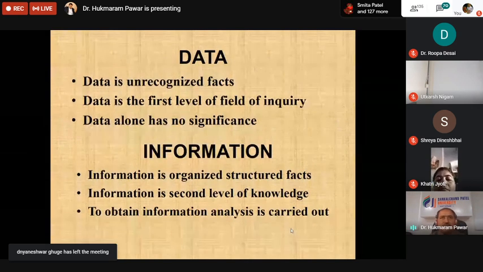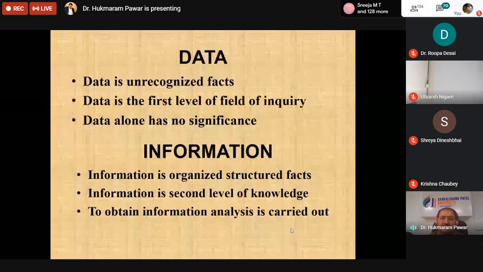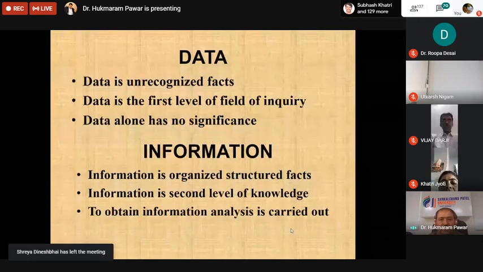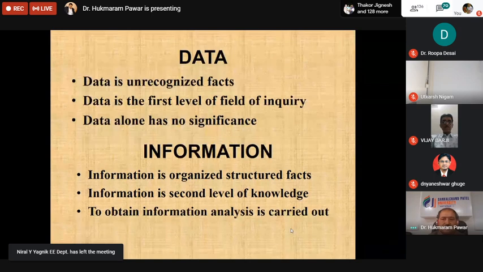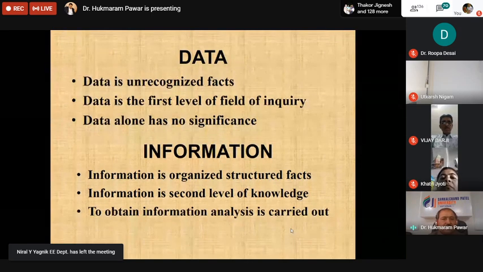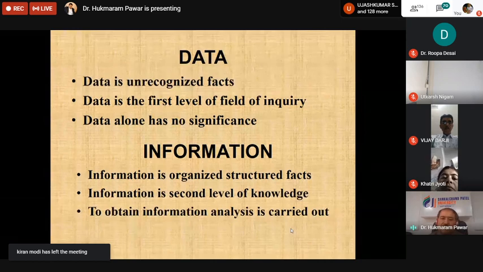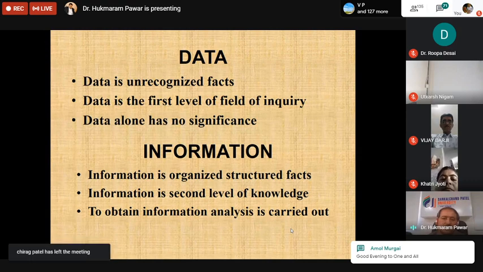Before we go for the discussion on measurement and scales, first we need to understand what is data and what is information. These words, data and information, we use regularly in our life. So what is data? Data is unorganized fact, or data is the raw material for information, or we can say the raw material for our research work.